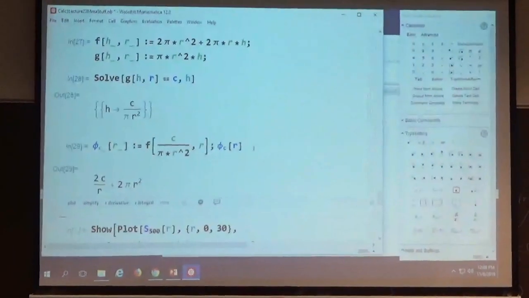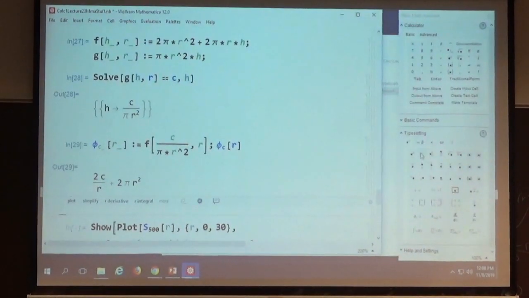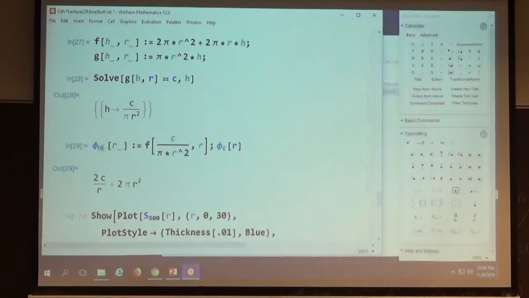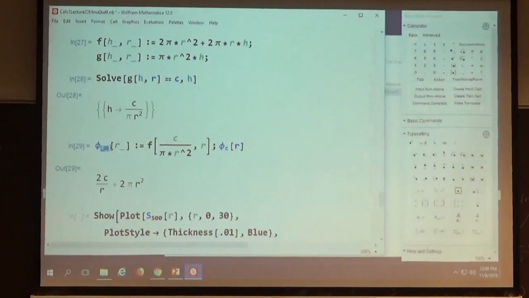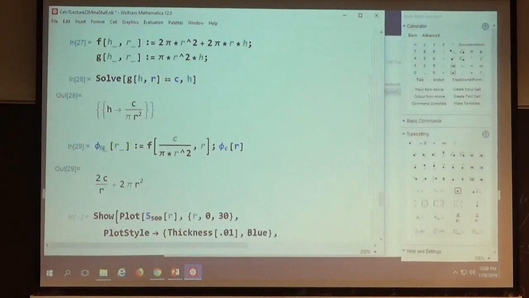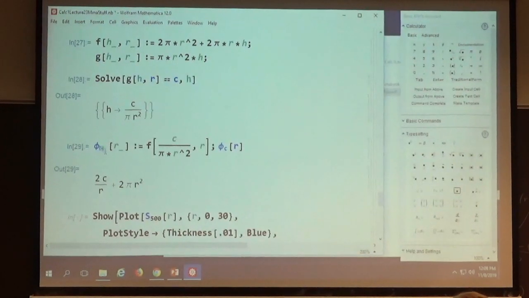Now take its derivative and set it equal to 0. By the way, notice I am putting the c in the subscript to emphasize the function is a function of r, but I need the c in there as something that I can change. So I put it as a subscript with an underscore.